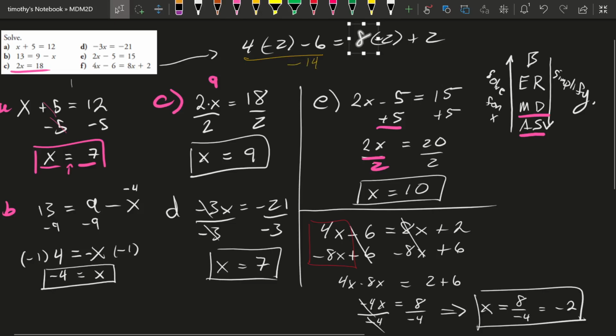Over here, I've got 8 times negative 2, or negative 16, plus 2. Negative 16 plus 2 is, in fact, negative 14. And so the only number that I could put into both sides here is the negative 2. And that will give me the result that I need. Okay? There we go.